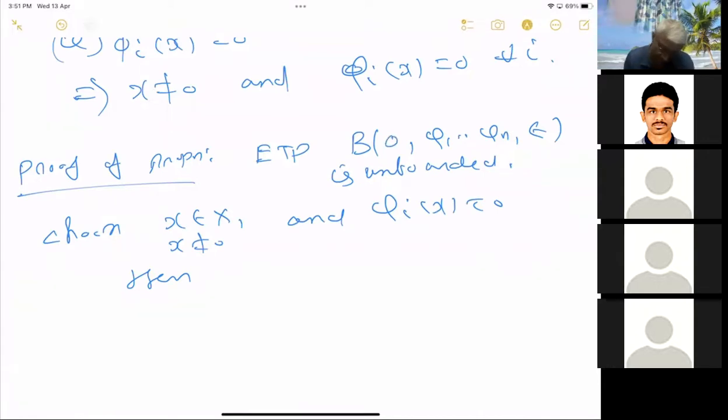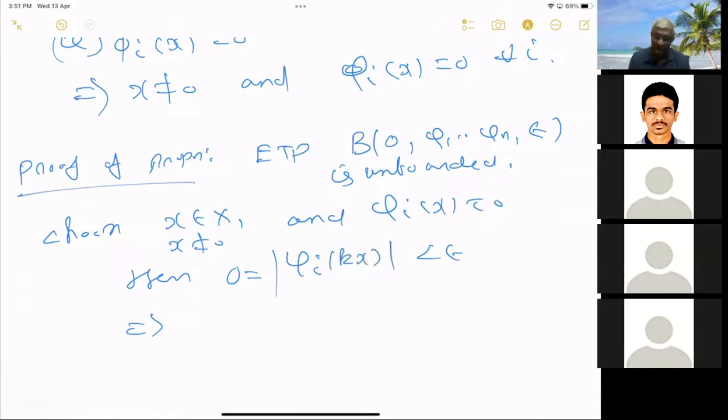Why is this enough? I will tell you. Then phi_i(x) equals 0, which is of course less than epsilon. But it's not just that: for any k, phi_i(kx) is also equal to 0, because phi_i is a linear functional, for all k positive.